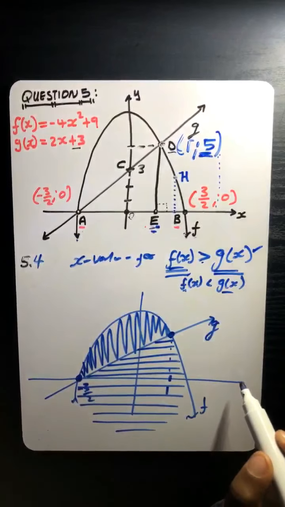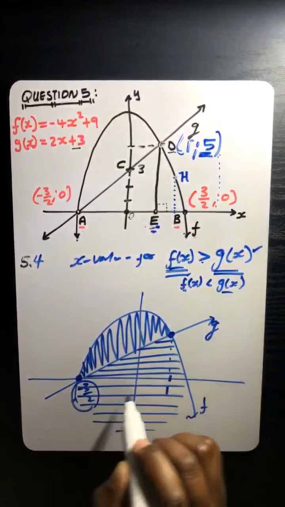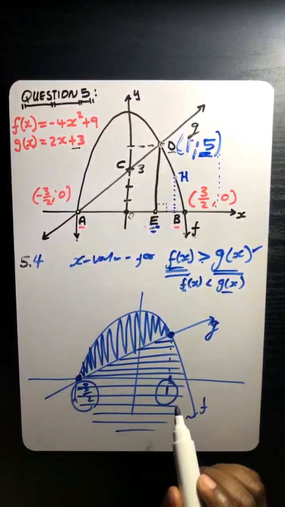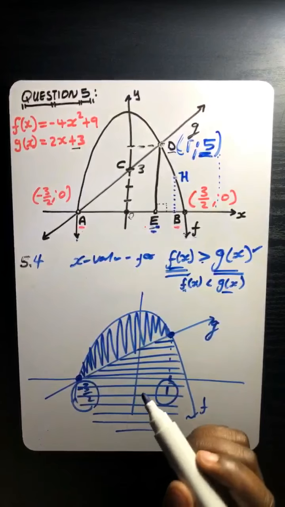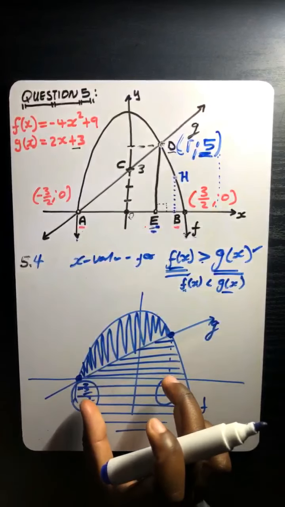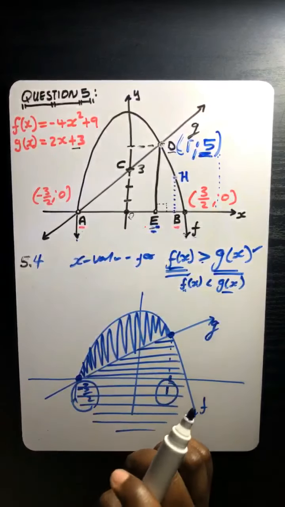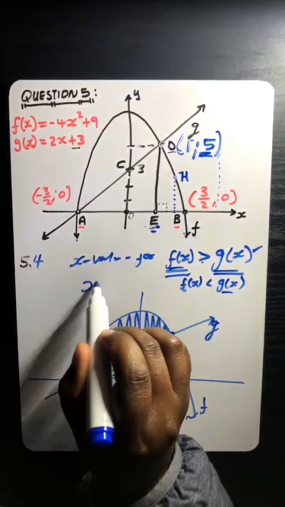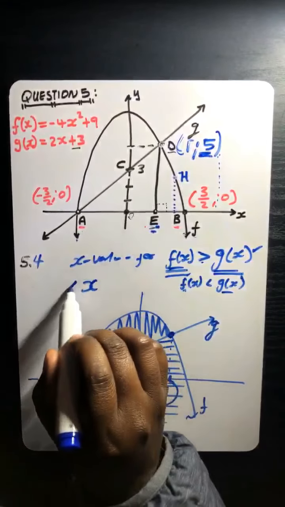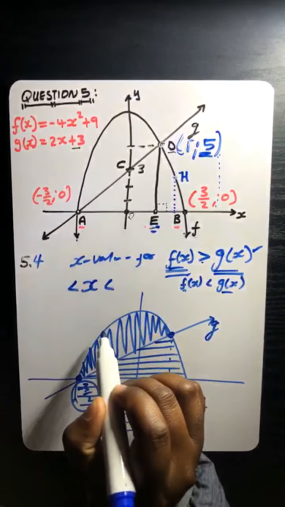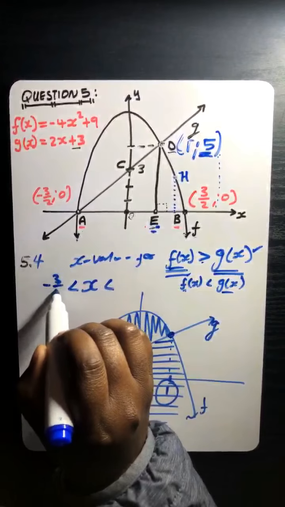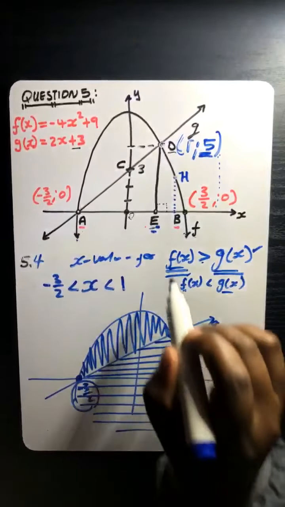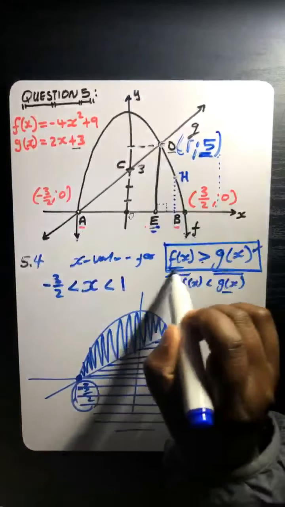So you are going to use these 2 x values, but you need to be careful of how you represent it. So you heard me saying it is between -3/2 and 1. How do you write that in the form of an inequality? You will say that's where x is actually between -3/2 and 1. That is where this statement is true.